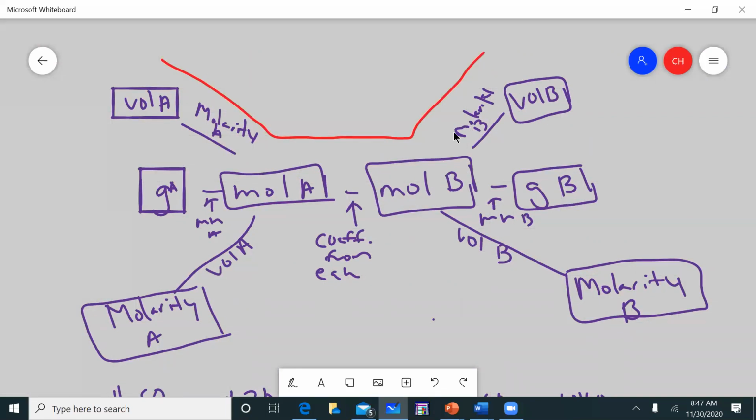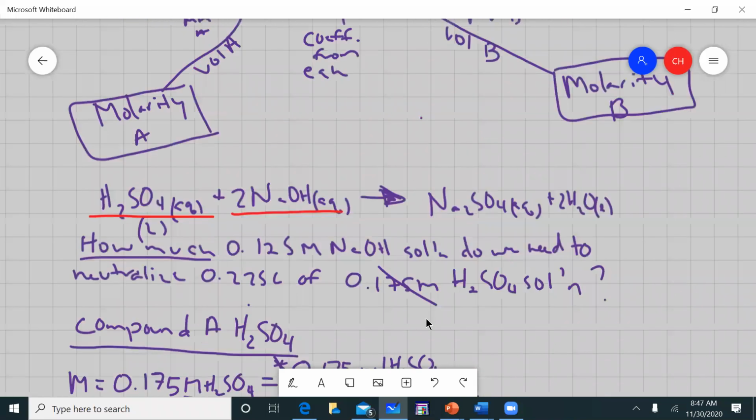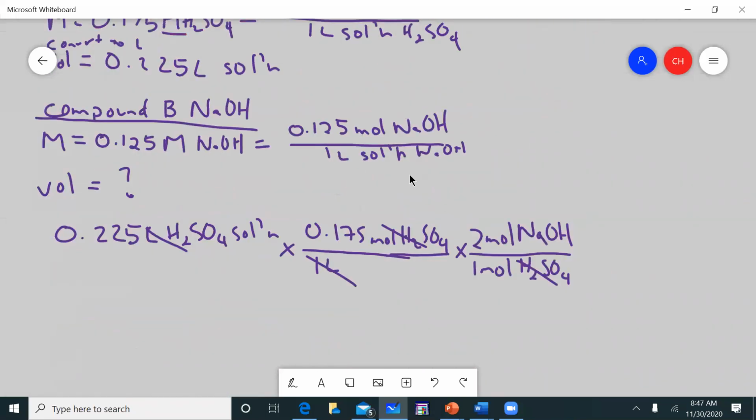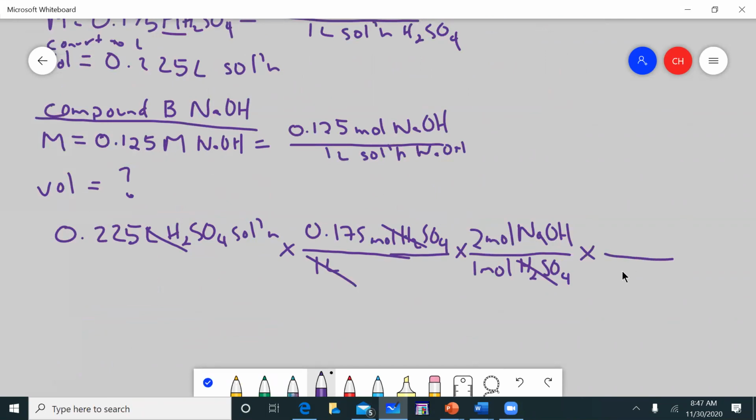And the way I do that is I use the molarity of B. So if I know moles of B, I just need to take its molarity and arrange it in such a way that I end up with volume. So looking at this, moles are on the top here, so I'm going to want to have my moles on the bottom. So I'm actually going to want to flip-flop this relationship and put the mole part on the bottom.